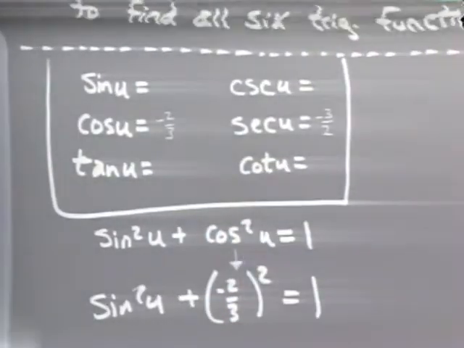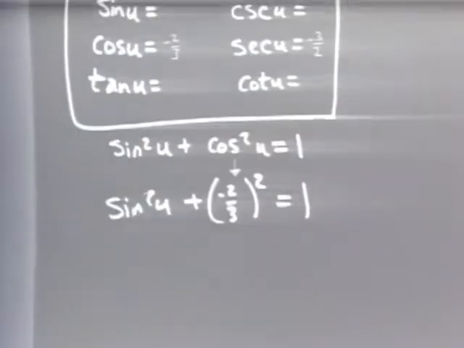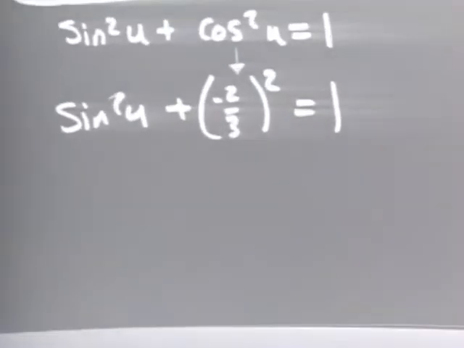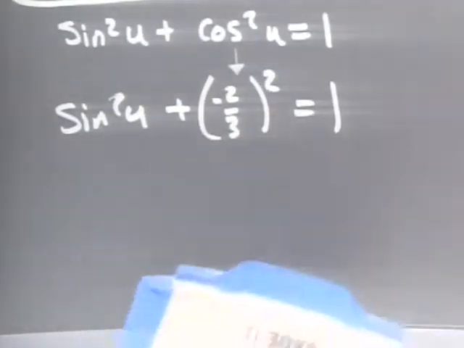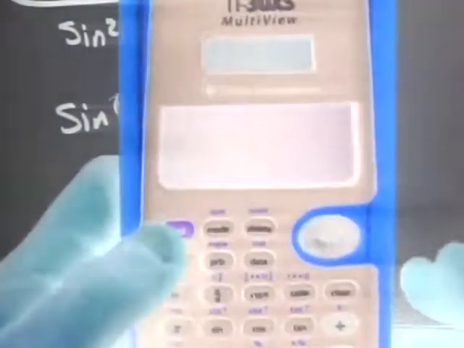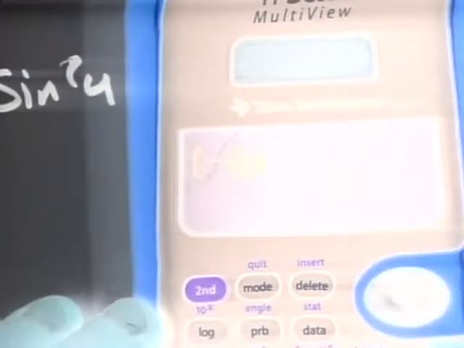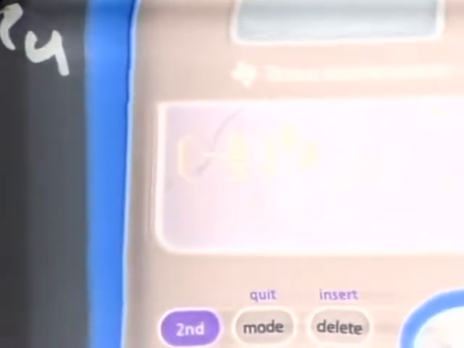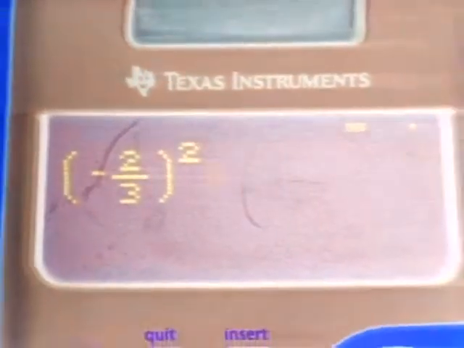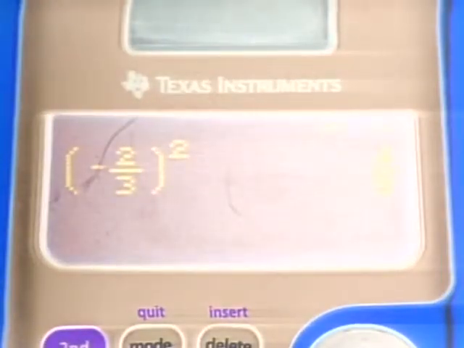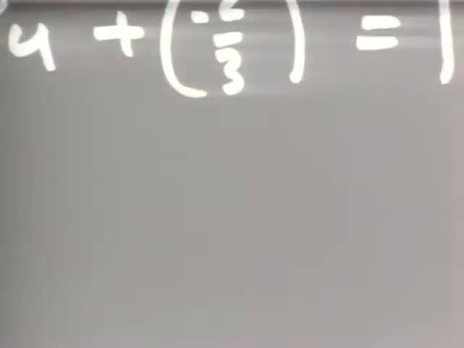Where did this come from? Well, I had cosine squared u right here, and I just replaced it with negative 2/3. Now you can know how to square a fraction on your own, or you can use your calculator. I'll do both. I'm just going to grab my calculator and put in negative 2/3 squared. But the more we do this, the more you should not have to rely on your calculator.